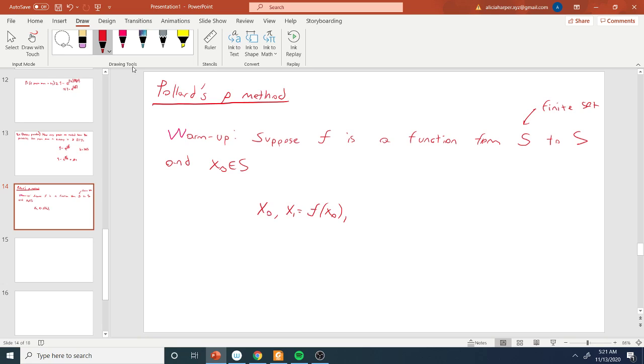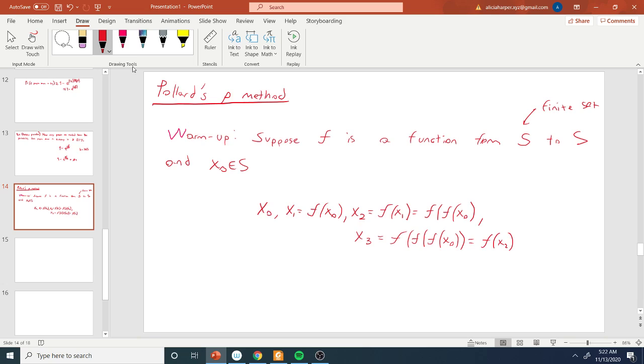And then to get x2, we take x1 and apply f to it. So x2 is equal to f of x1, which is the same thing as f composed twice of x naught. And likewise, x3 is equal to f composed three times of x naught, which is the same thing as simply f of x2.